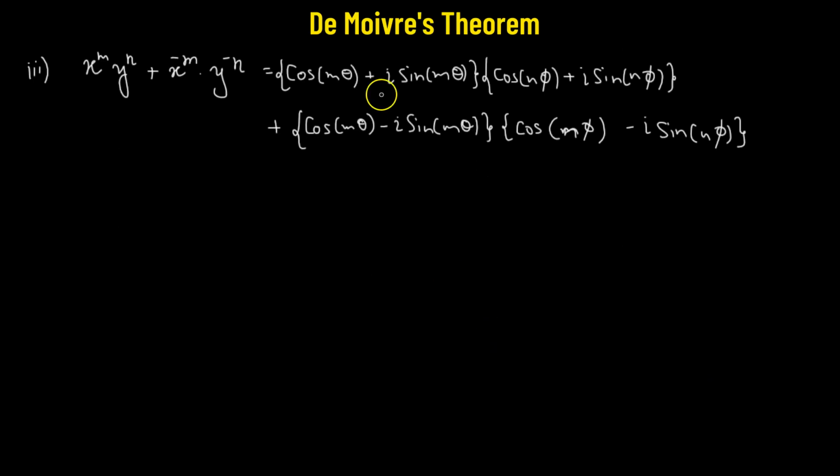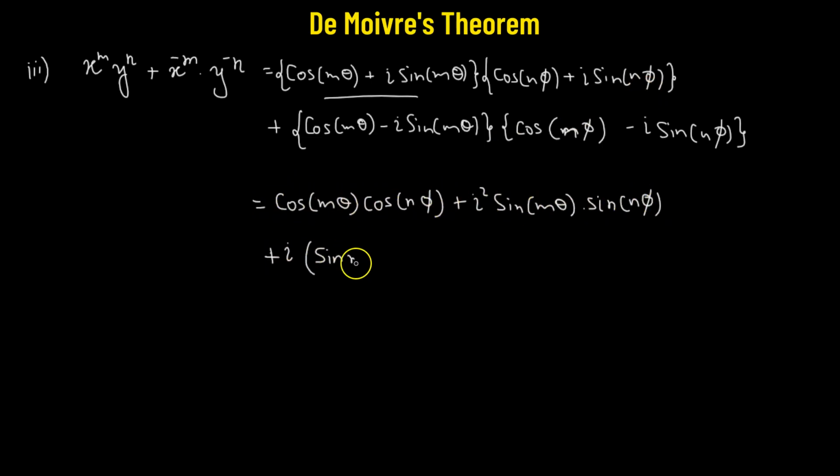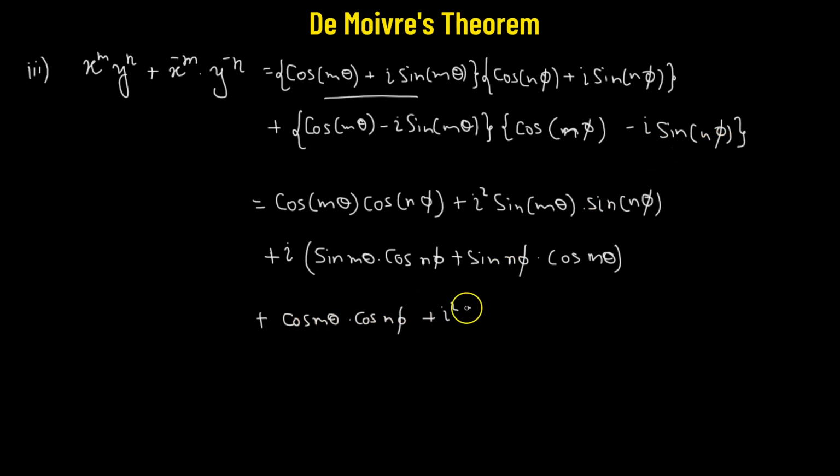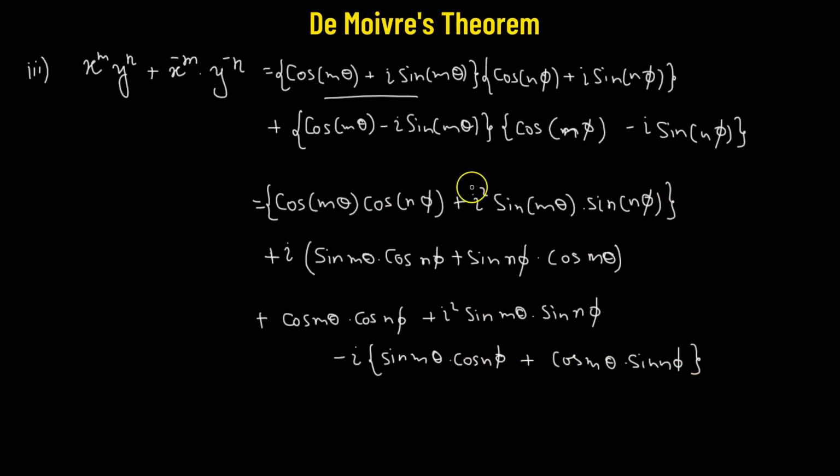So we're going to multiply cosine of m theta plus iota sine m theta with cosine of n phi plus iota sine n phi. So this is going to give us... Next we multiply cosine of m theta minus iota times sine of m theta with cosine of n phi minus iota times sine of n phi, which should give us... now iota square.